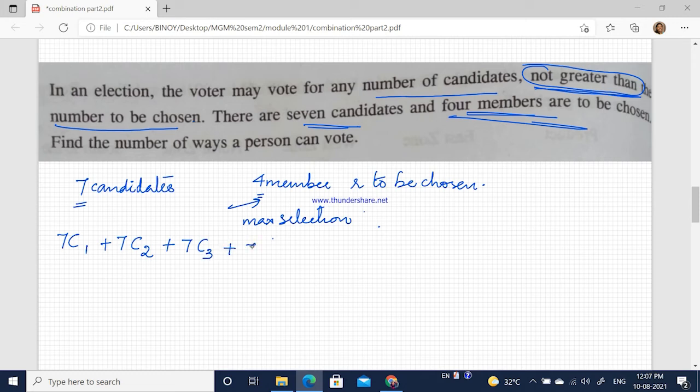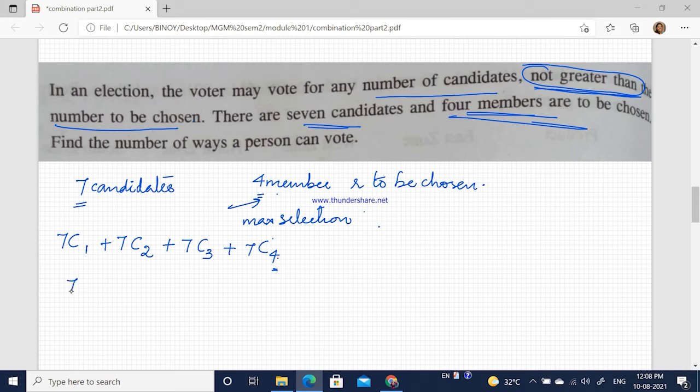Or I can go and select all the 4 persons. And can I take 5? No, I have to stop once it is 4, because the maximum selection given is only 4 members and not greater than the number to be chosen. So the number to be chosen is given as 4 and it should not exceed. In that case, we should stop over here.